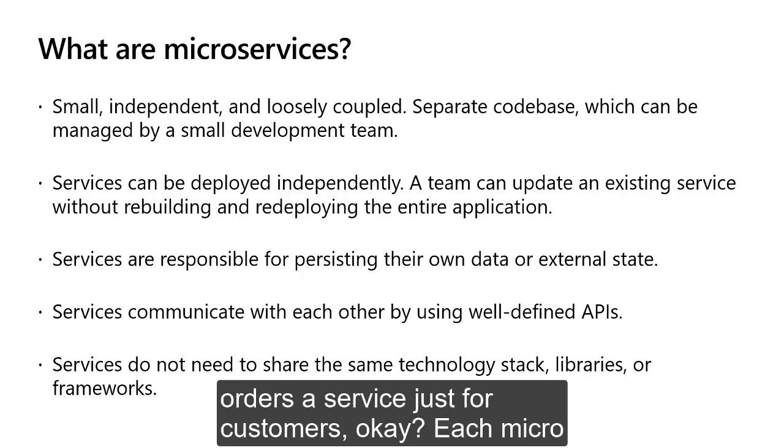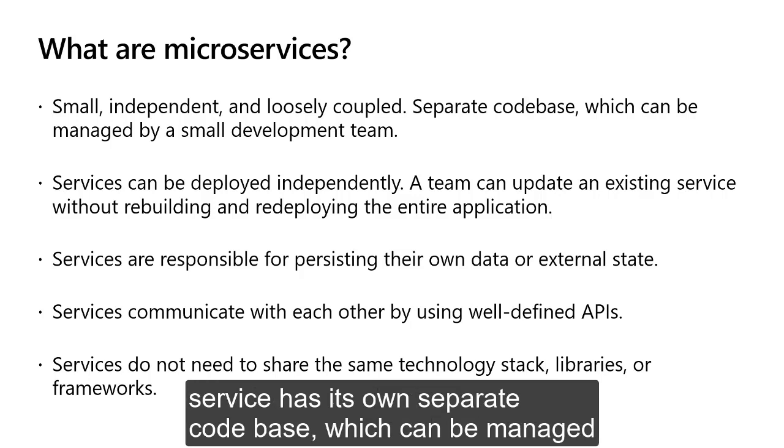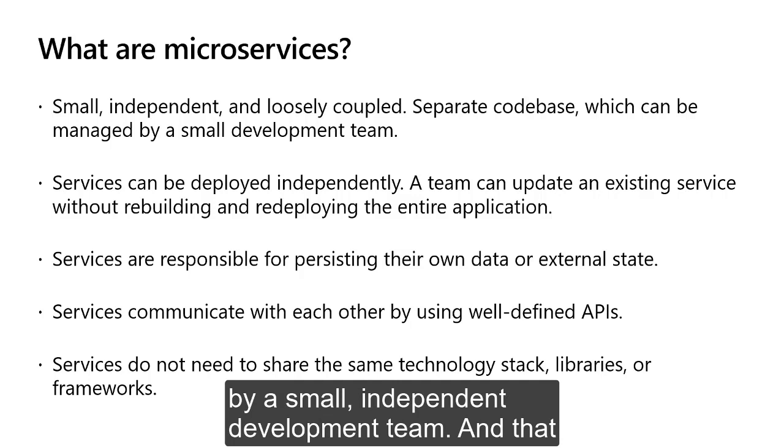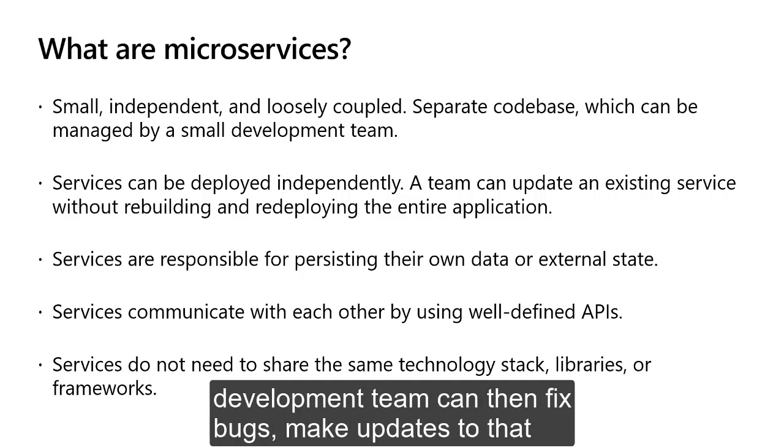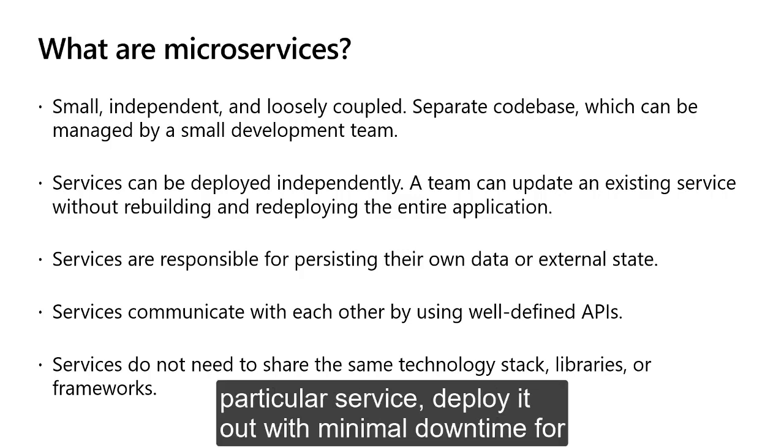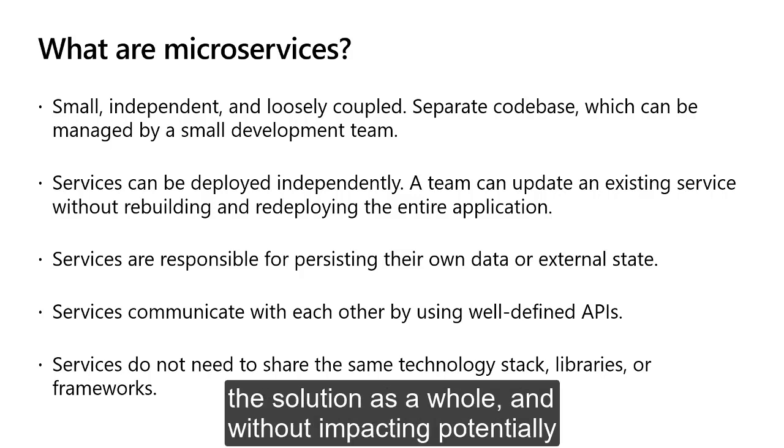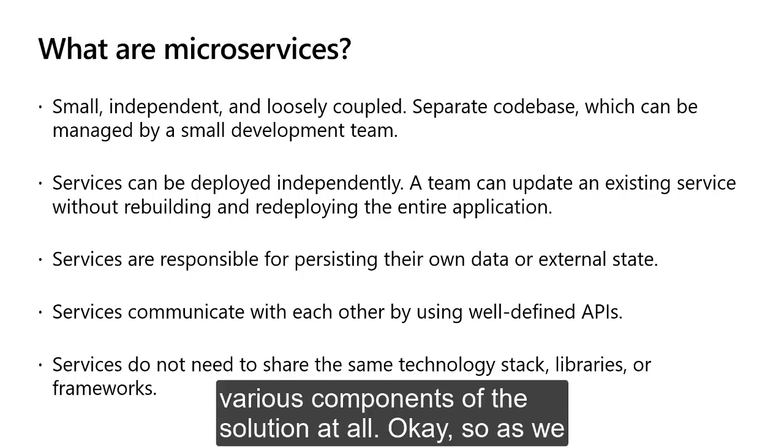Each microservice has its own separate code base, which can be managed by a small independent development team. And that development team can then fix bugs, make updates to that particular service, and deploy it out with minimal downtime for the solution as a whole, and without impacting potentially various components of the solution at all.